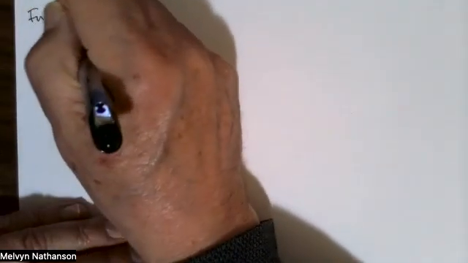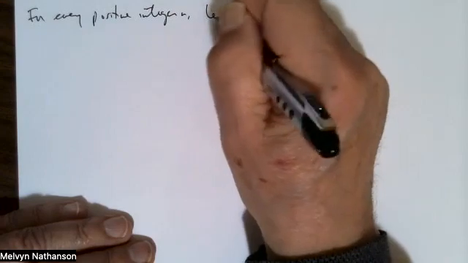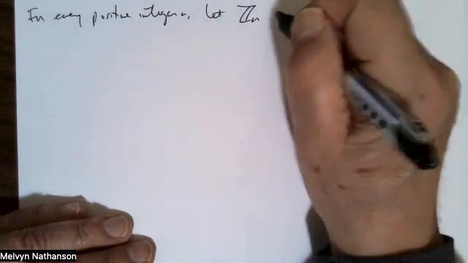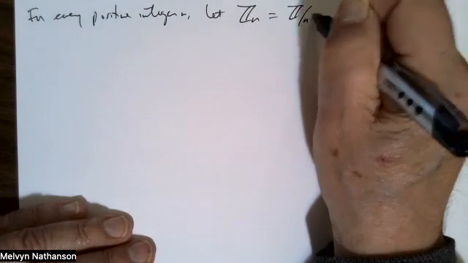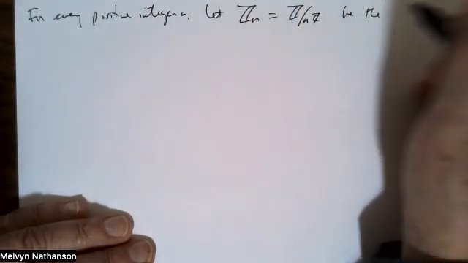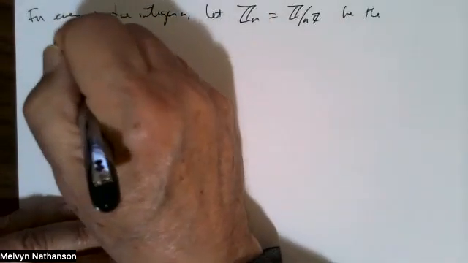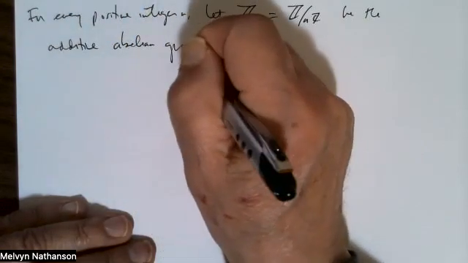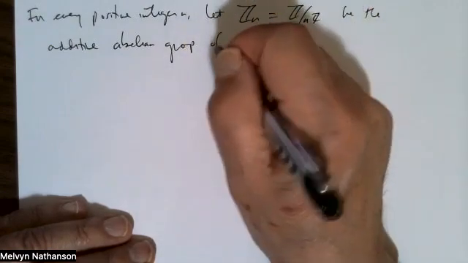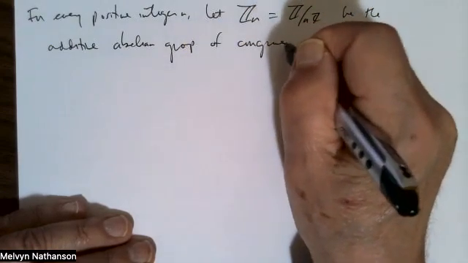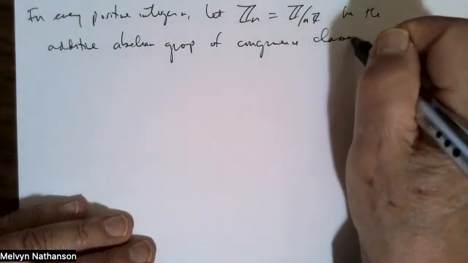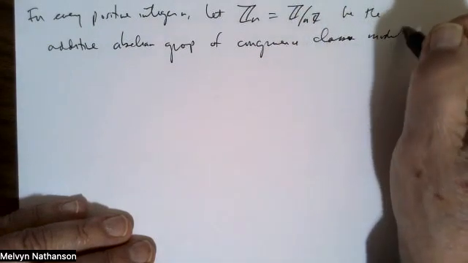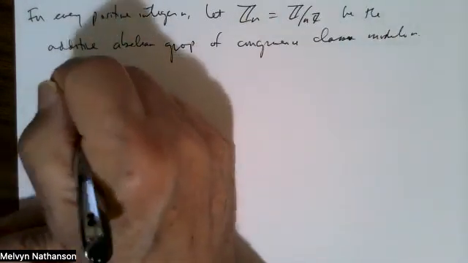So for every positive integer n, let Zn, or sometimes written Z mod nZ, be the additive and abelian group of congruence classes modulo n.